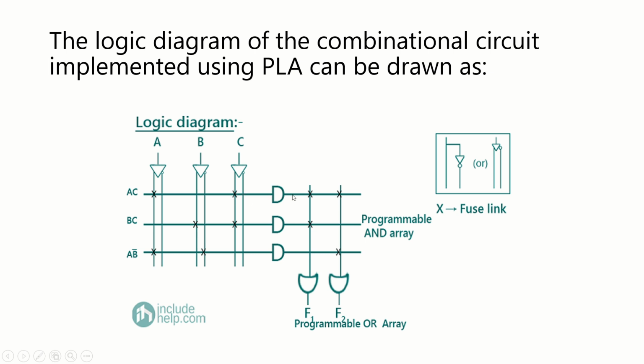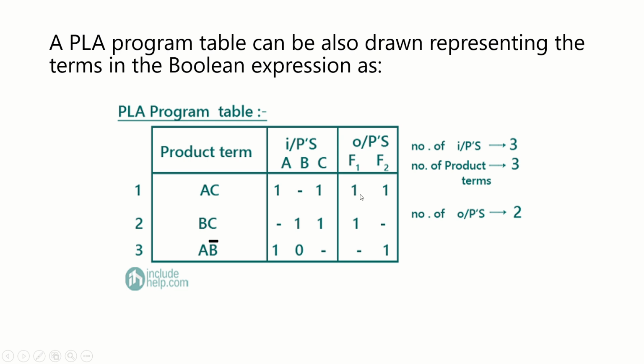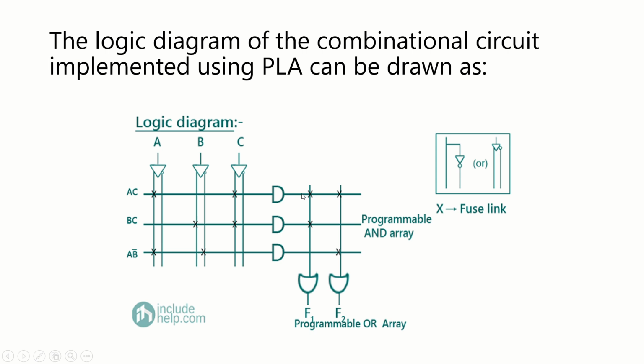After that, one AND gate, and the output of AC is a term of both functions, so under F1 place a cross, and also under F2. Next is BC, which is a product term of function F1. A B bar is a product term of function F2.